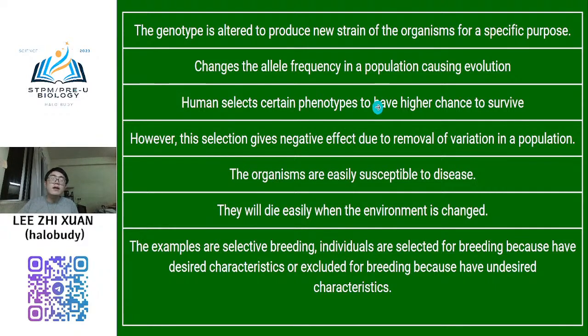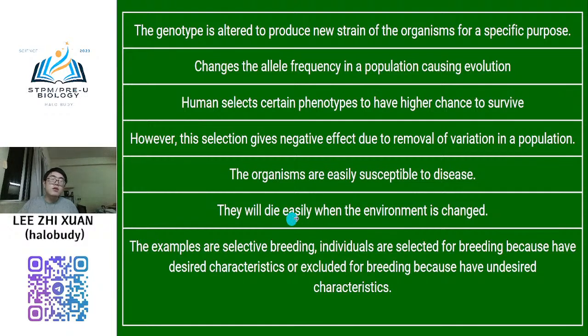So this is actually humans wanting to help them increase the chance to survive, but also maybe for some purpose. And this selection also will give a negative effect because we already remove the variation in the population. The organism will easily be susceptible to disease, because you already changed the genotype. So we don't know whether that kind of genotype actually causes the organism to be very easily infected by disease, maybe.